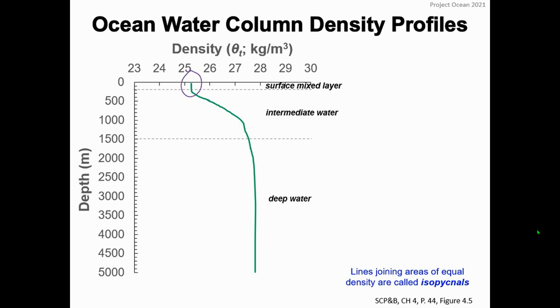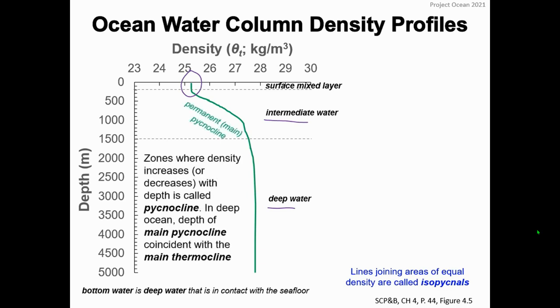Below that, from 200 meters to 1500 meters, we call these intermediate waters. And from 1500 meters to the bottom are called deep waters. Now, bottom water, you may also hear that term, is just deep water that's in contact with the seafloor. I show you these definitions right now because more and more you're going to start to hear me use this terminology, especially when we get into talking about tracing water mass in density-driven circulation.